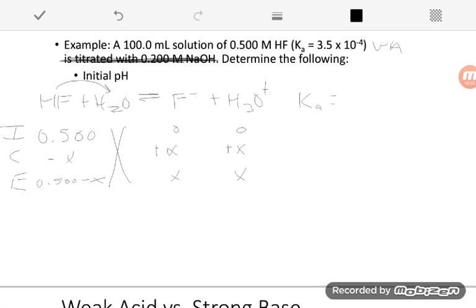Meanwhile, I can write the expression for the Ka, which is going to be F minus times H3O plus, that should be an F up there, over HF. Now I can plug in everything I know. My Ka is 3.5 times 10 to the negative 4.